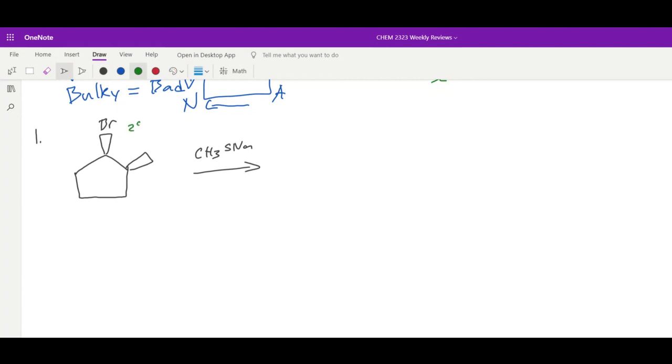My leaving group is on a secondary. It's adjacent to a tertiary carbon, which is some steric hindrance, but not enough to deter us from doing SN2. So right now it could still be anything. We don't know. Looking at my reagent, I only have a nucleophile, no solvent.